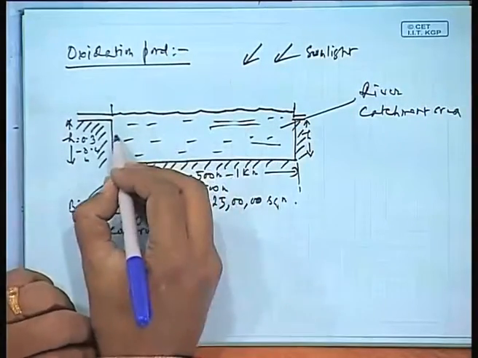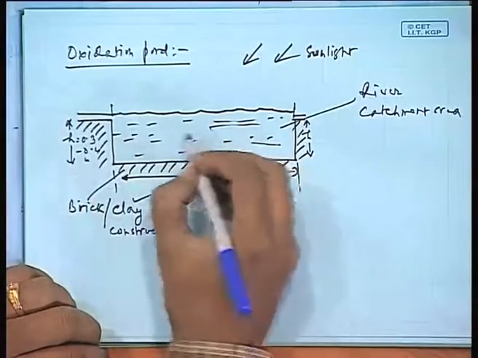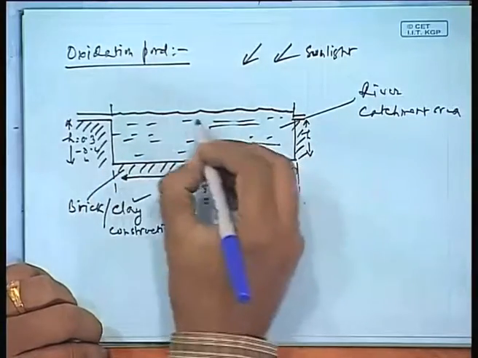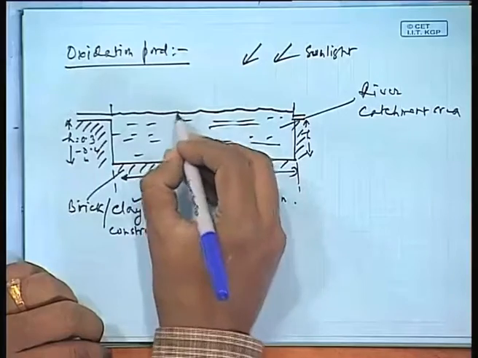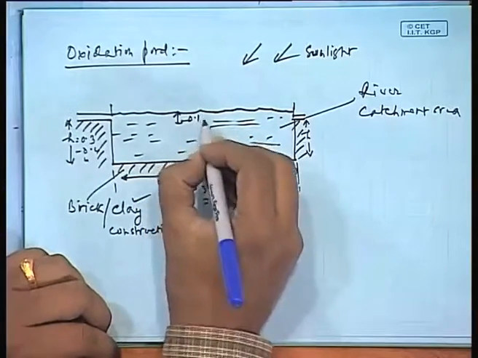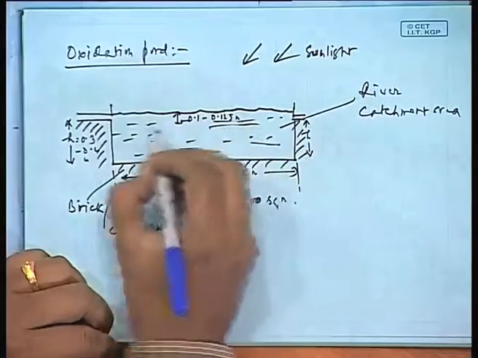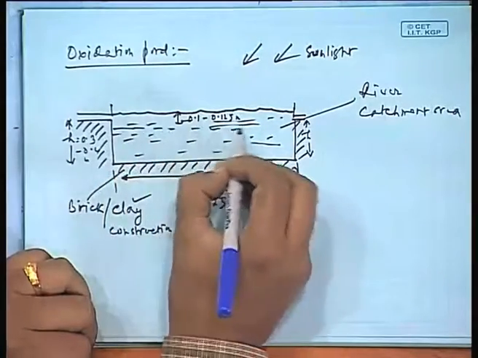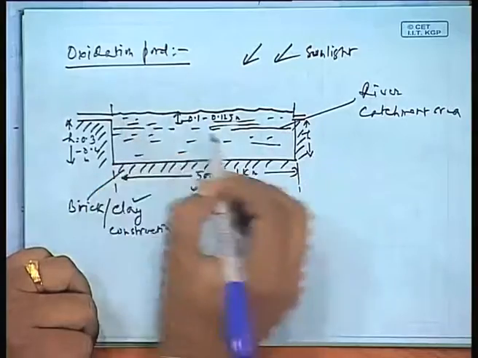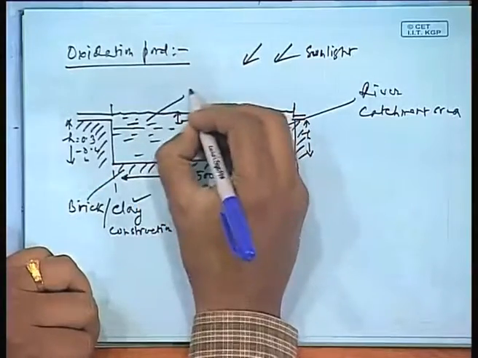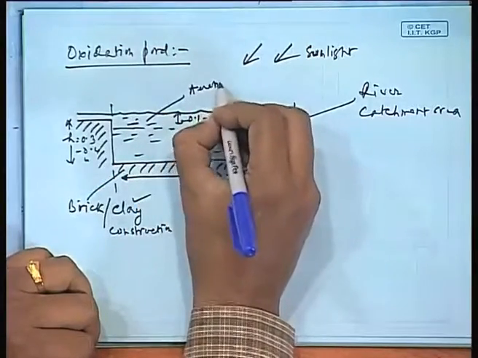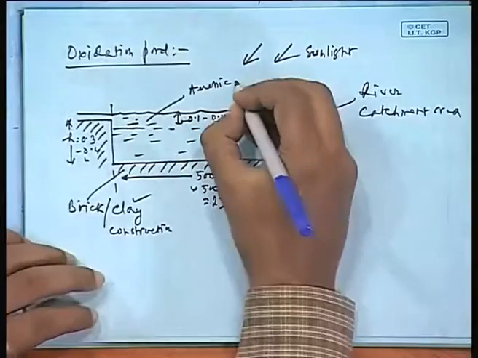Initially, up to about 0.1 to 0.125 meter, we observe mostly a good oxidation, an aerobic column.